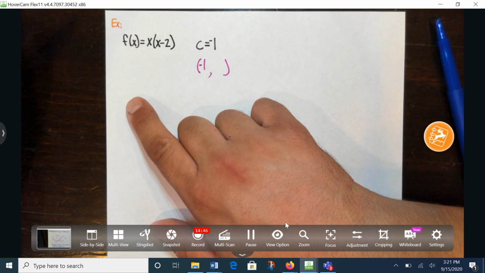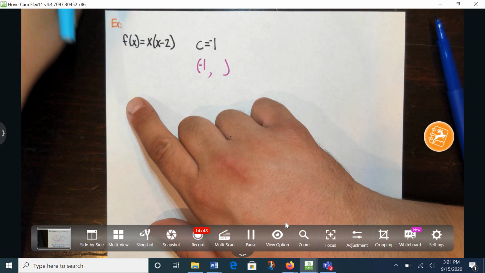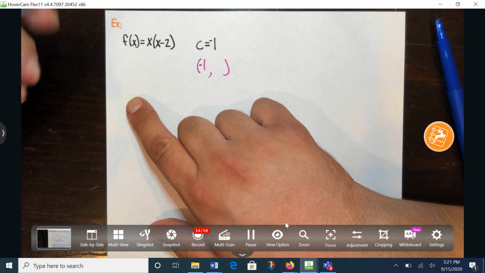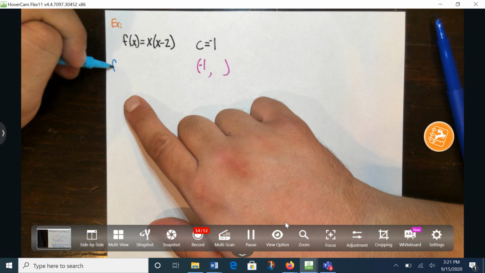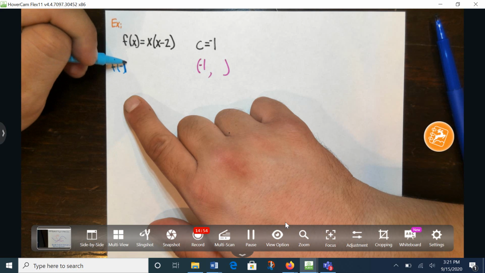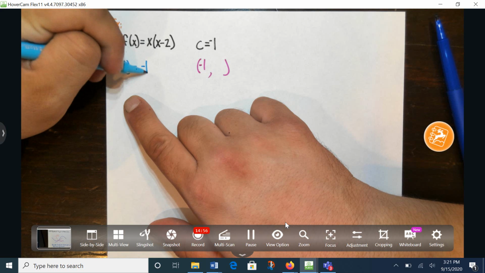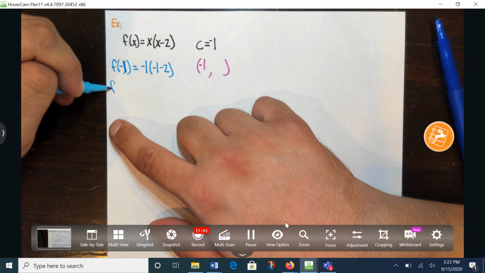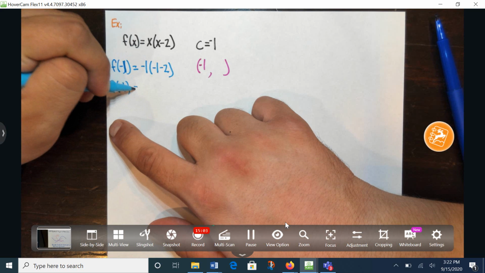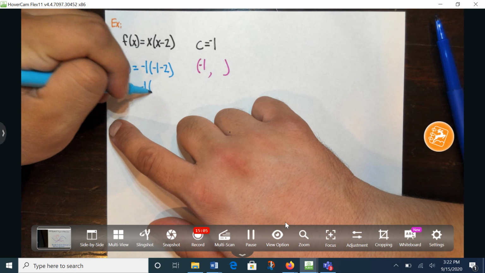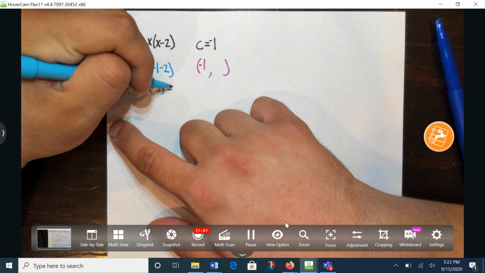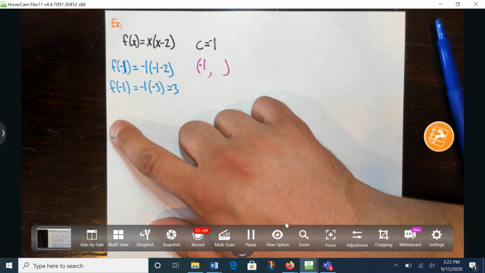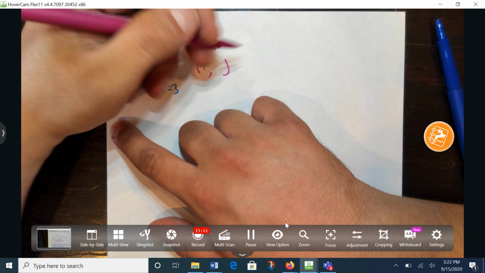So we're going to evaluate the original function to find the y value. So f of negative 1 equals negative 1 times (negative 1 minus 2), which equals negative 1 times negative 3, which is just positive 3. So the y value of our reference point is 3.